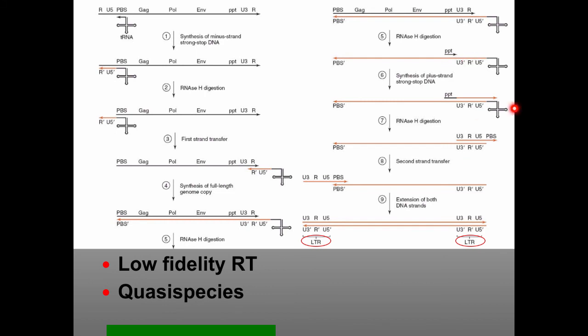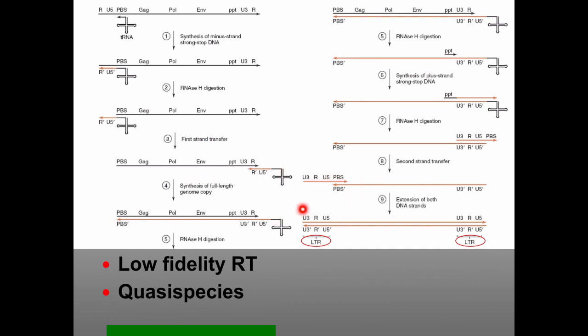The RNase H finally chews up the PPT and the tRNA. And now we've just got a partially double-stranded piece of DNA with a primer binding site here. Again, this is positive strand. The negative strand has a complement of that. So this guy, again, can either loop around and copy at this end or shift over to a copy which is being made by the other strand, the other polymerase.